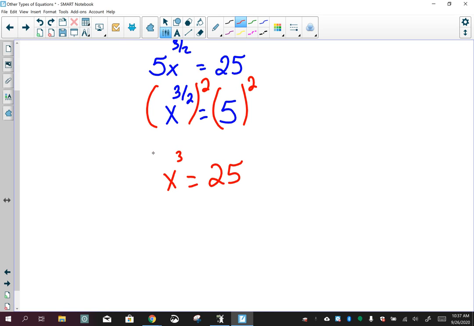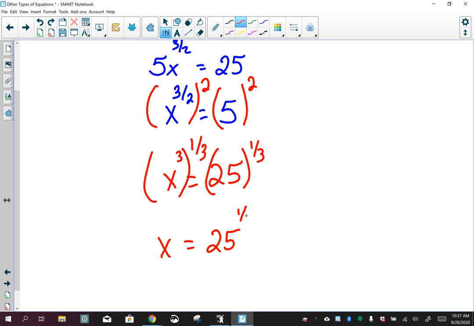Then I'm going to take the cube root, which is to the 1/3 power, and so I wind up with x is equal to 25 to the 1/3, or I could say the cube root of 25. Since I do not know what that is, I just leave it alone. It is what it is on this one.